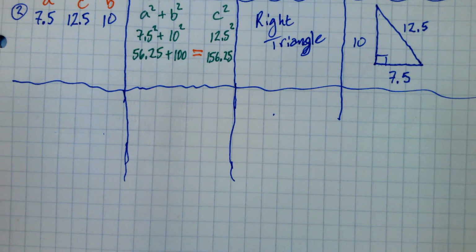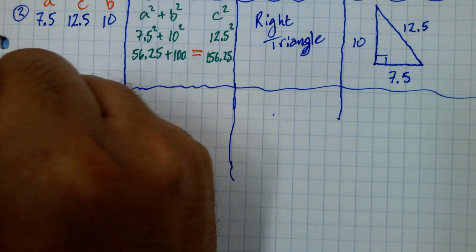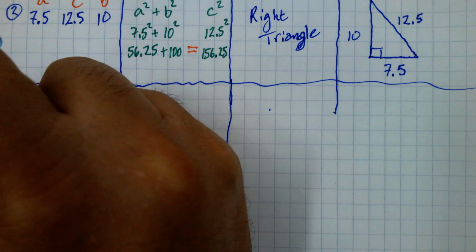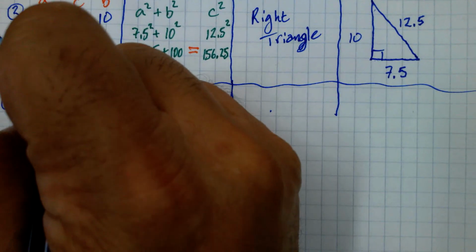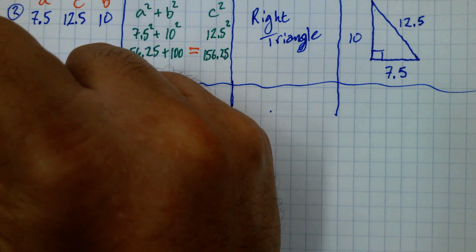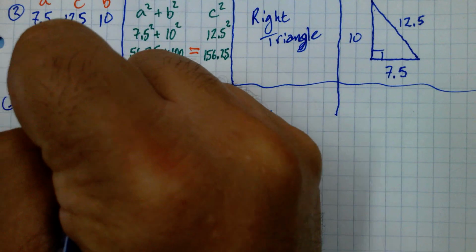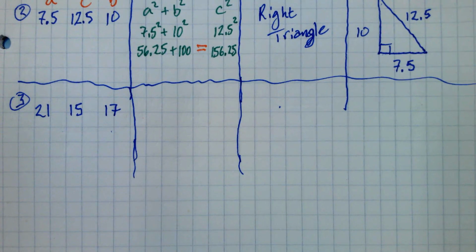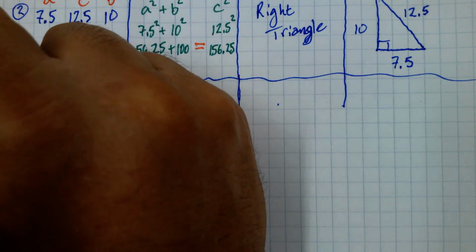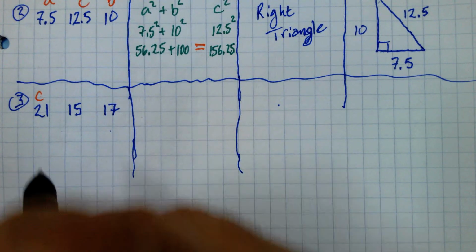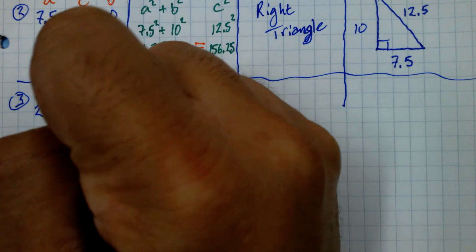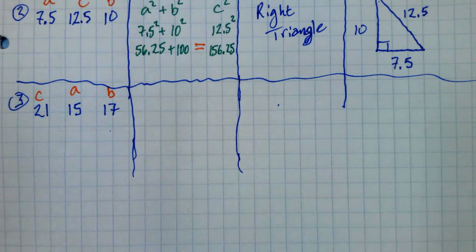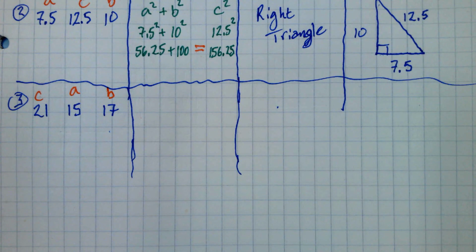Let's do number 3. Let's do 21, 15, and 17. Which one's going to be C? Okay, and so 15 could be A, and B is going to be 17. Okay, so you tell me, work it out.